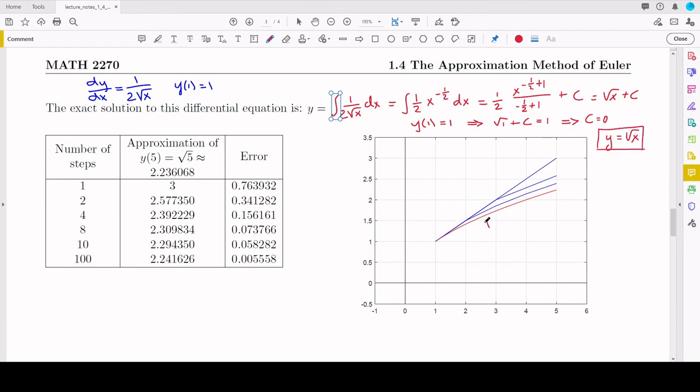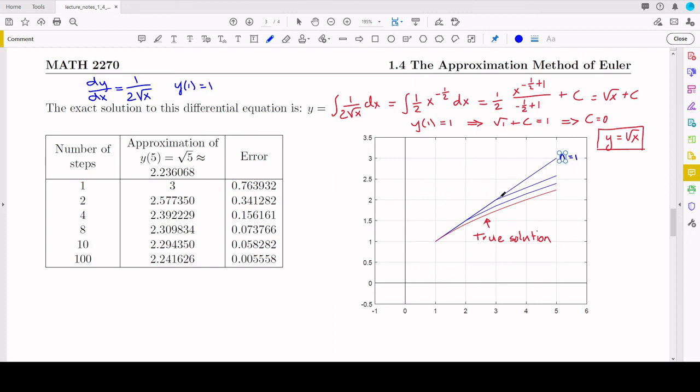And that true solution is graphed over here. And the three other things that are graphed here are the solution when n equals 1, right? We found that that approximate solution went through (1, 1) and (5, 3).